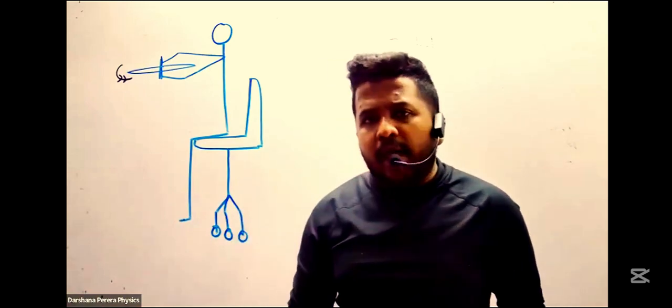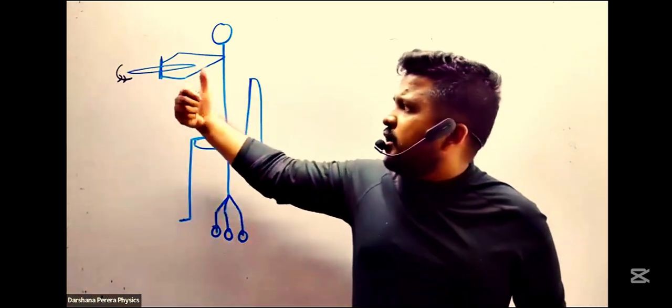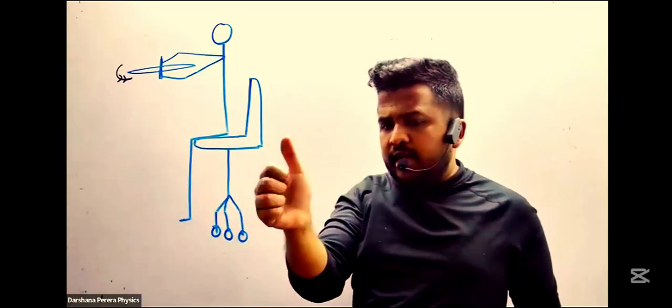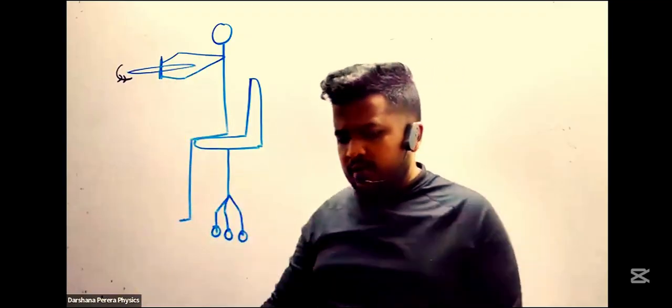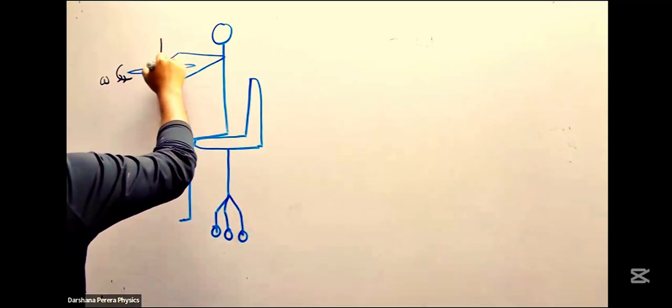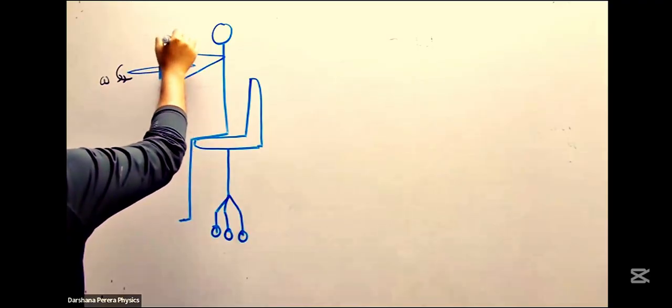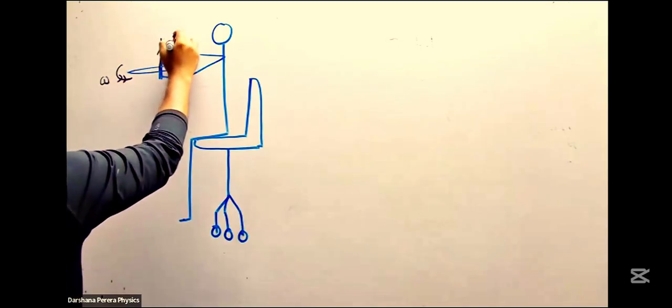What is the direction of angular momentum? We have to take the right hand rule. Omega is in this direction, therefore L is in this direction.